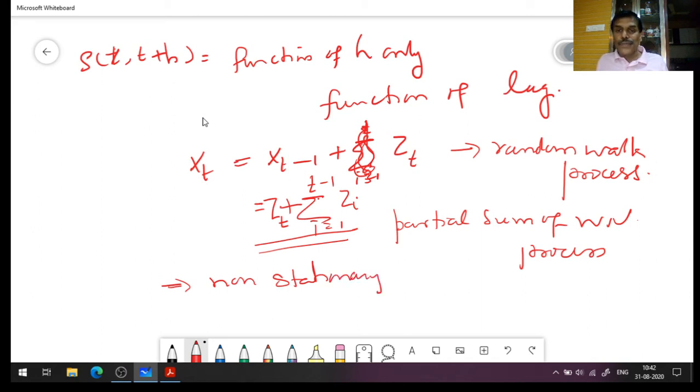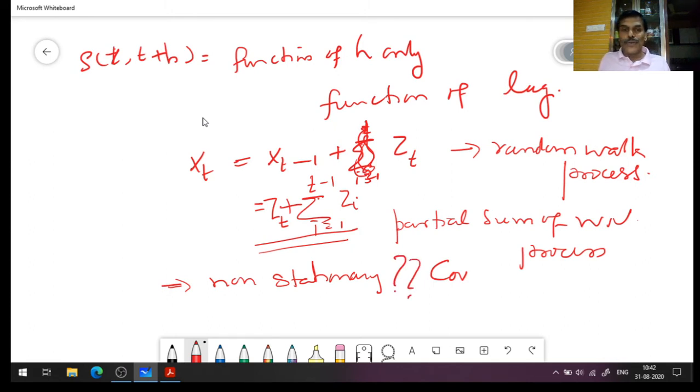Now, I did not prove that. Actually, I'm leaving that to you. You need to compute the covariance, because the proof is based on whether the covariance, autocovariance, or autocorrelation is a function of time difference only. So you need to prove this. I'm just claiming it directly.